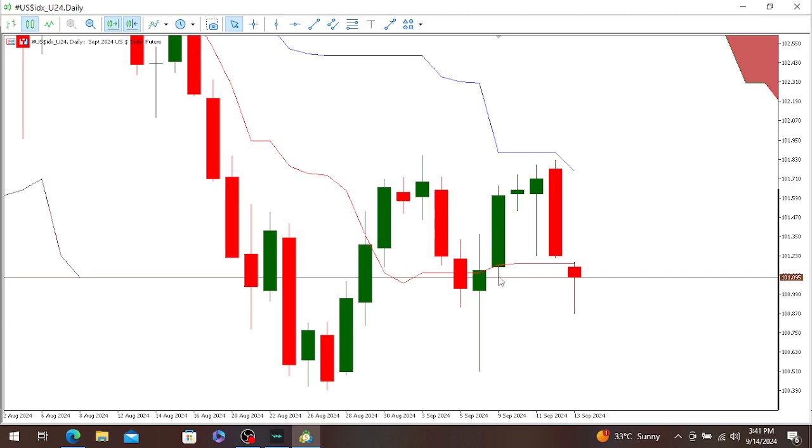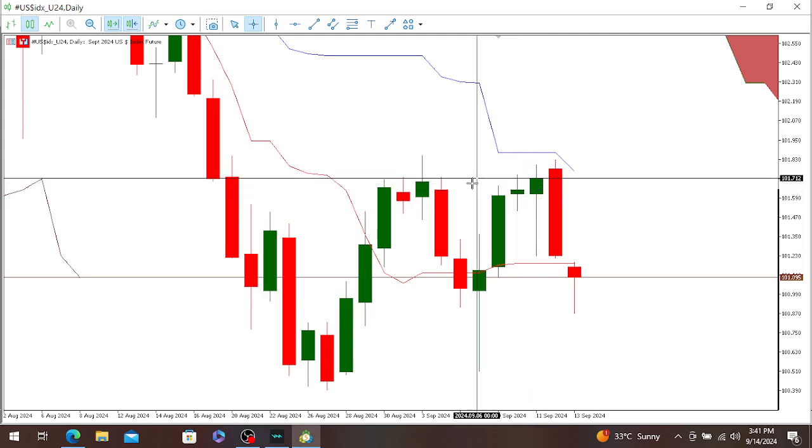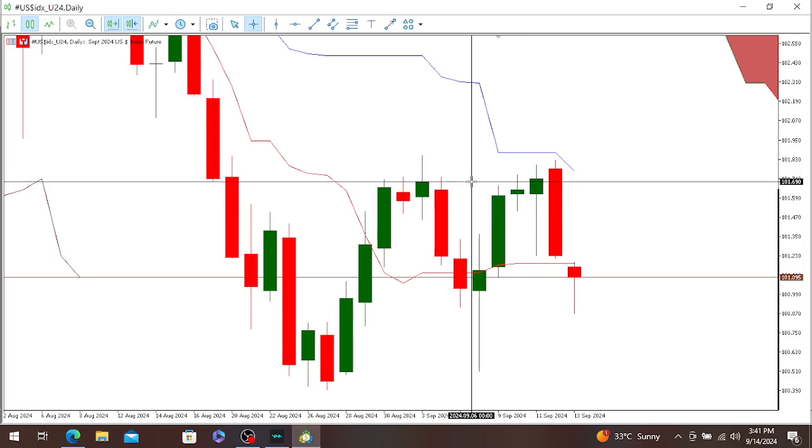Now, starting from Monday, price was bullish at the beginning of the week. On Tuesday and Wednesday, price lost momentum, and at the same time price found resistance. So the level where price lost momentum on Tuesday and Wednesday also happens to be a level where price found resistance.